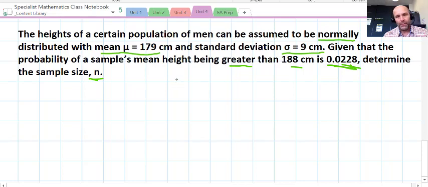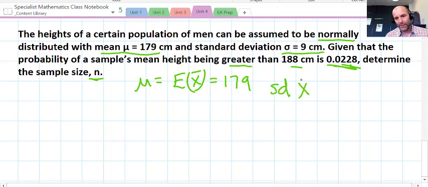The idea of these sorts of questions is standardization. So we'll write down a few bits of information consistent with the central limit theorem. Mu will equal the mean of the sample means, the expectation of sample means, and we have 179, and the standard deviation of sample means is the population standard deviation over the square root of n, which is not known.